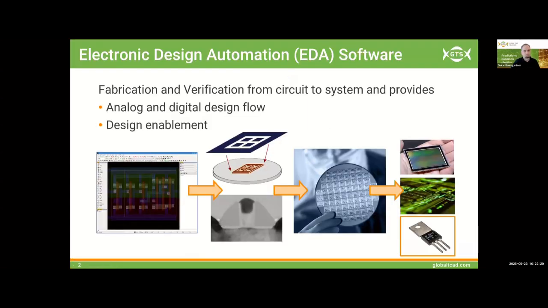So we've seen before the electronic design automation software spanning this whole variety, covering the fabrication from verification, design, up to the system level, and then even afterwards in lifecycle management, as shown by the previous speaker.